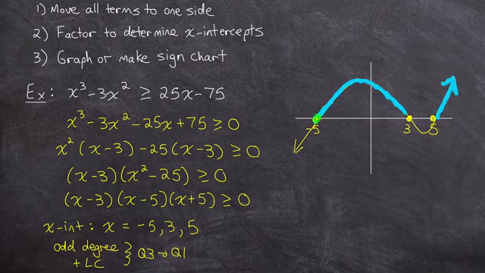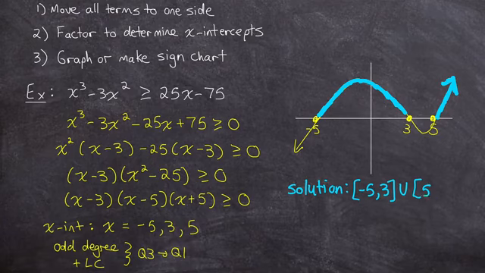So when the x values are between negative 5 and 3, or bigger than 5, notice that the polynomial's y values are greater than or equal to 0, which means the solution to this inequality is the interval of x values between negative 5 and 3, or from 5 to infinity.